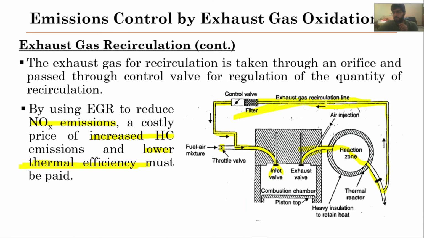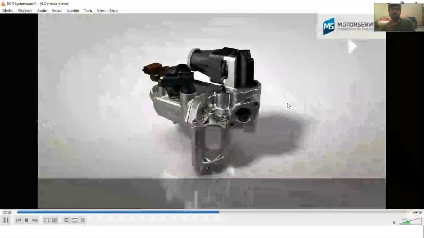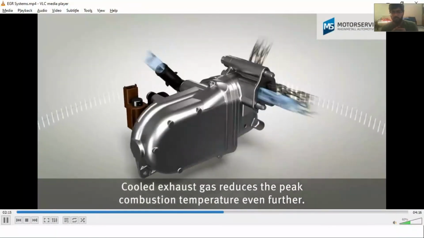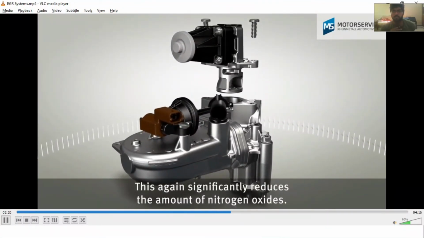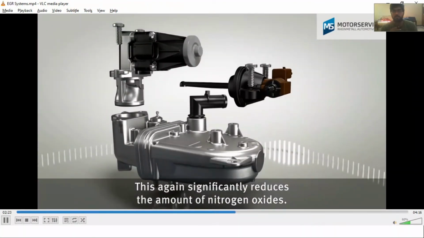This EGR cooler is basically being employed to meet the modern requirements of the Euro standard, and it cools down the exhaust gas, and since it cools down the exhaust gas, it will again reduce the undesirable emissions as well. Cooled exhaust gas reduces the peak combustion temperature even further. This again significantly reduces the amount of nitrogen oxides.